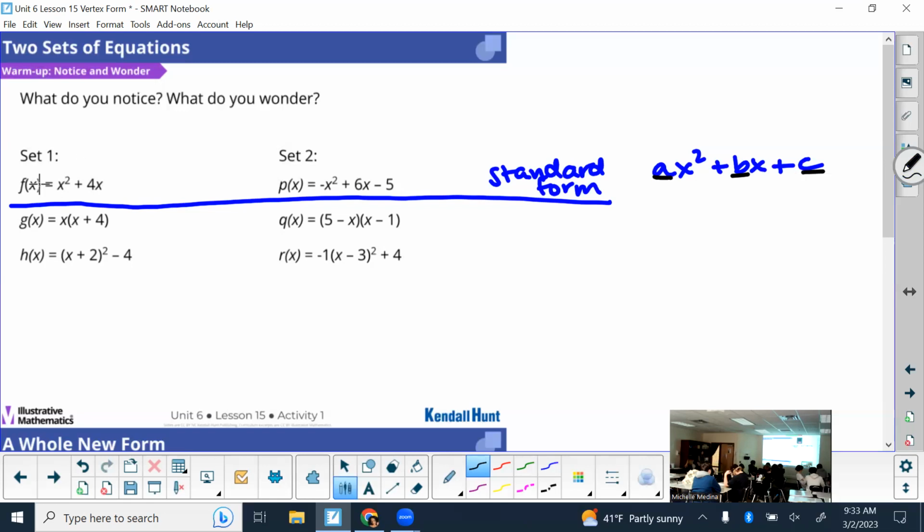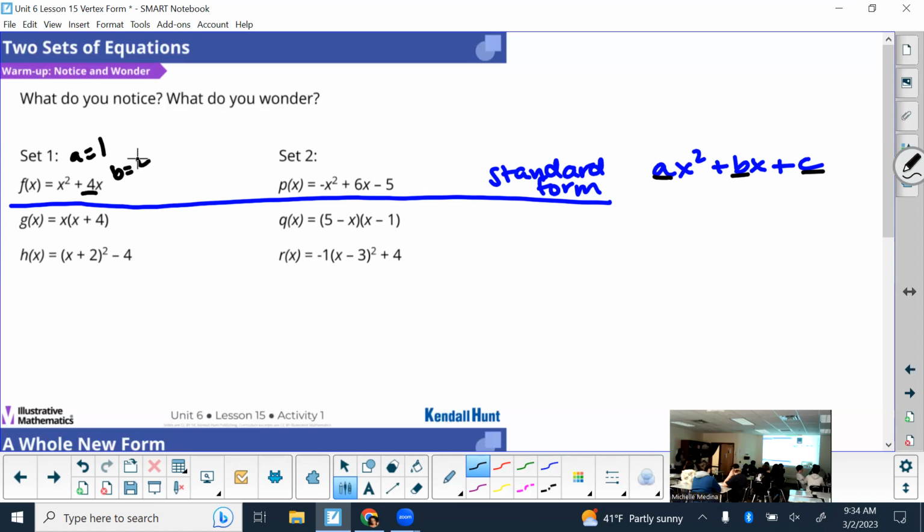So in f of x, what's my A? What is in front of the x squared? If it's not written, it's implied to be a 1. This 4, is that going to be my B or my C? B, and how do you know? Because it's in front of the x to the first.